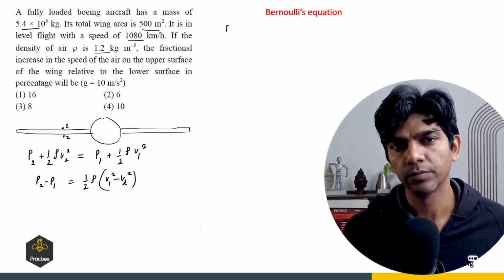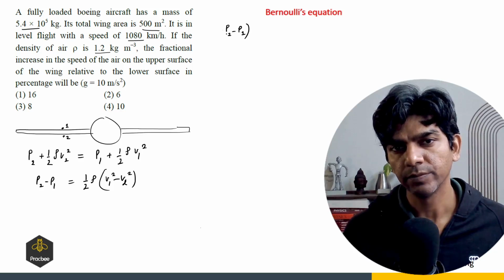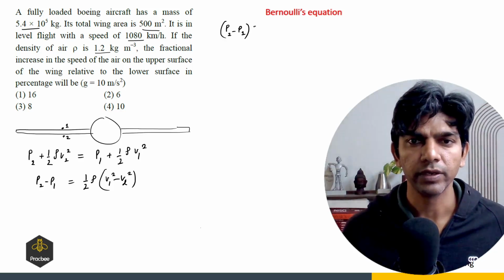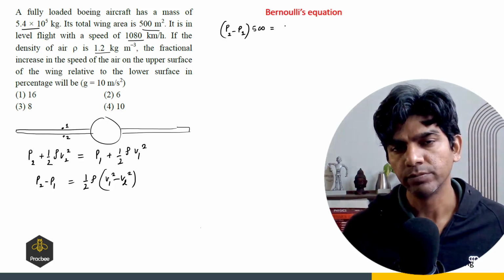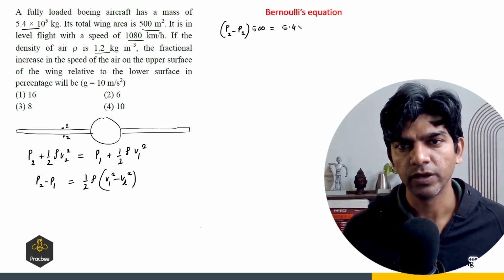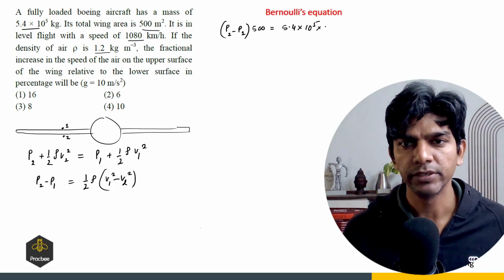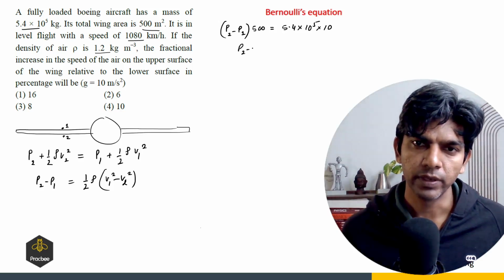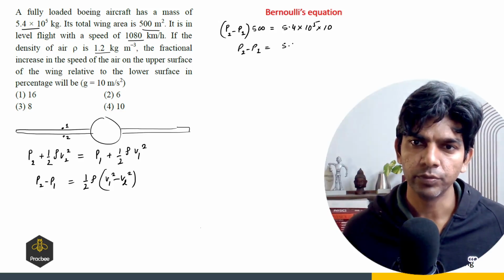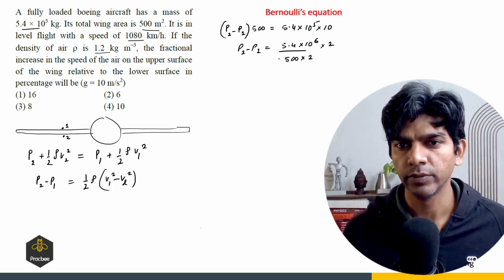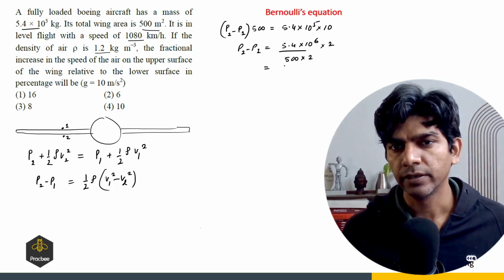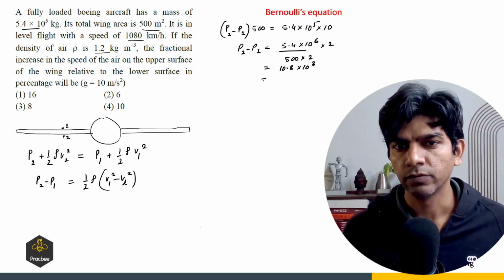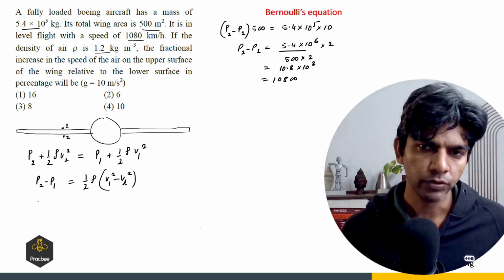So we can say P2 minus P1 times the area of cross section, that will be 500, that should be equals to mg. M is given as 5.4 into 10 raised to power 5 multiplied with 10. So from this, P2 minus P1 will be 5.4 times 10 raised to power 6 divided by 500. So if I multiply this with 2 and divide by 2, so we are getting 10.8 into 10 raised to power 3. So that will be 10800. So we got the pressure difference.